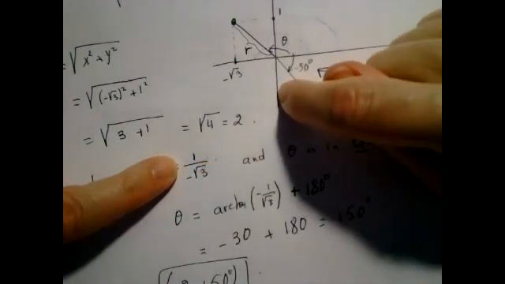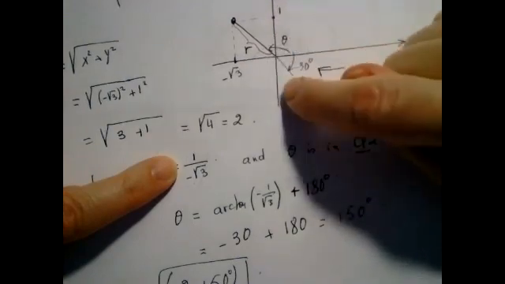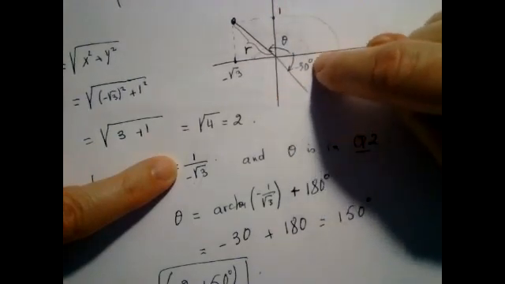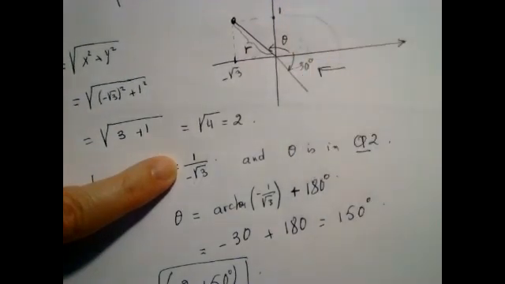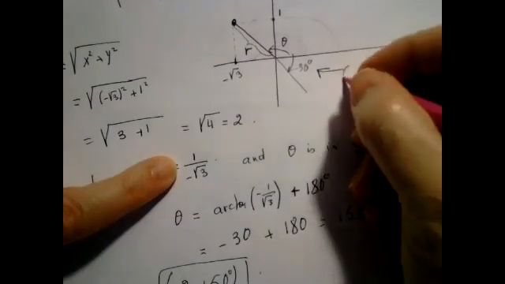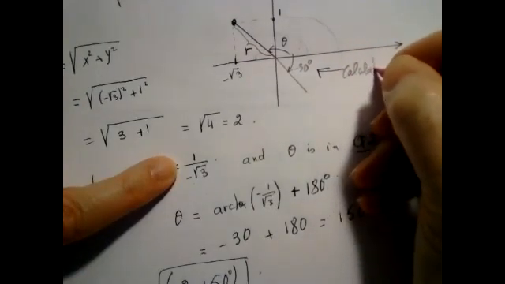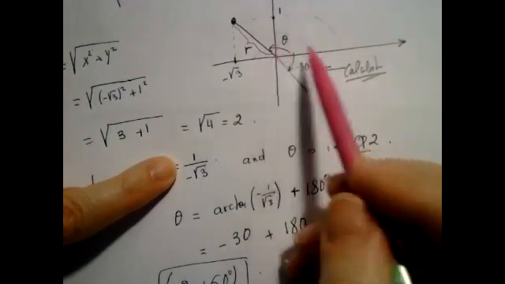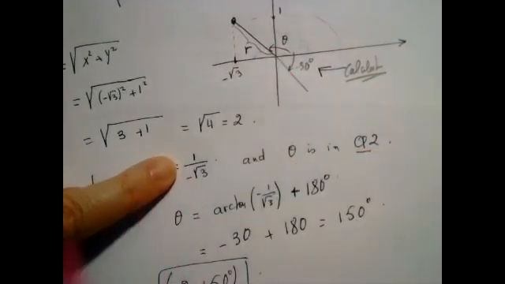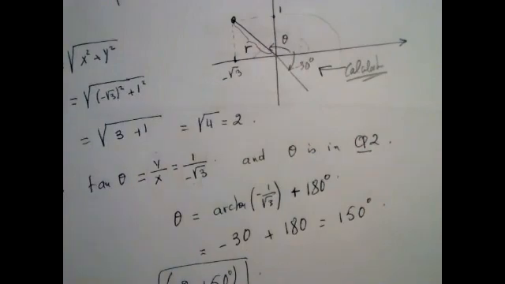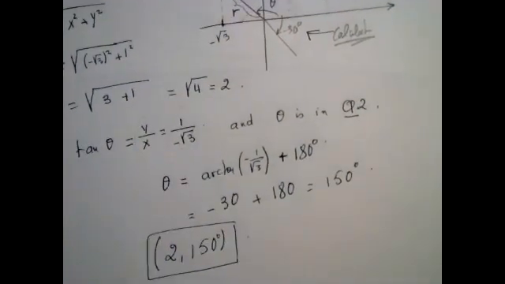It gives you one, the one between -pi over 2 and pi over 2, or the one between -90 degrees and 90 degrees. That's the one the calculator gives you. To get the one you want, you have to add the 180, and that's where you get exactly the one you want. All right, questions about that?